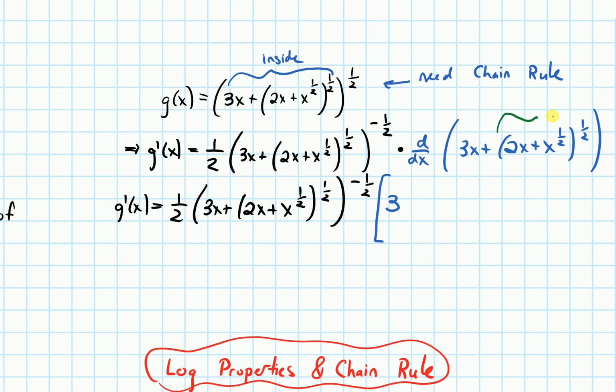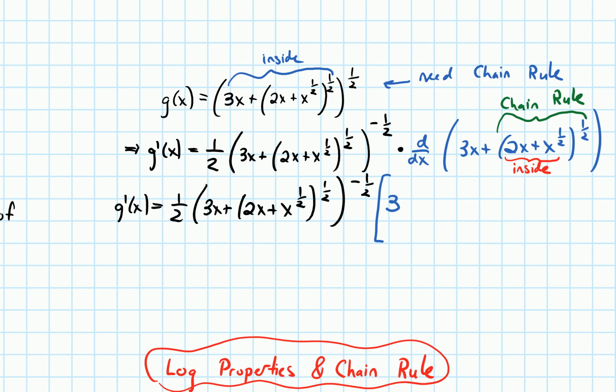And that requires chain rule again, because there's an inside and an outside function. So what's inside is this 2x plus x^(1/2). That's what's inside. And the thing that's outside is the fact that I have this 1/2 power. It's like my outside function is x to the 1/2 because I have this 1/2 power on the outside.